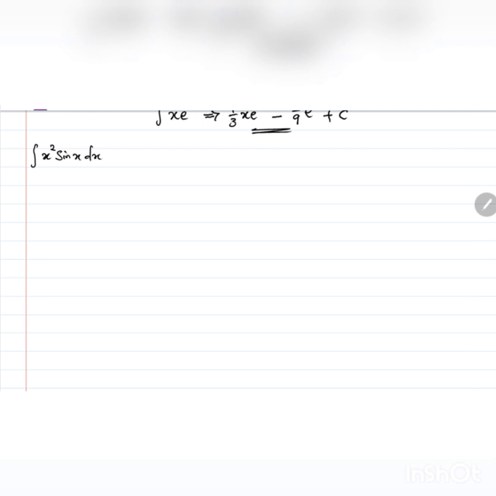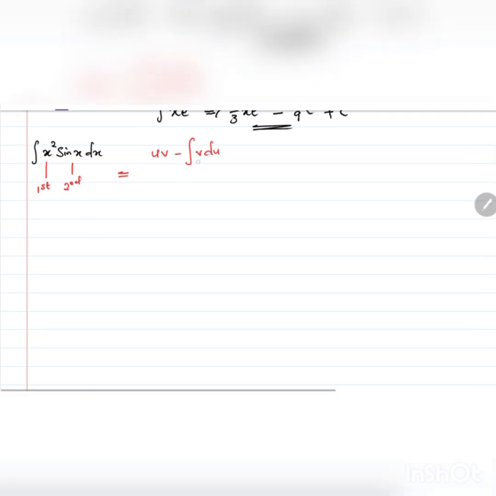Now simplifying this, I can say let x squared be the first function and sine x be the second function. Applying the formula says uv minus integral v du, right? So you write the first one, integrate the second one, minus the integral of, integrate the second one, differentiate the first one. Okay, now let's apply that.